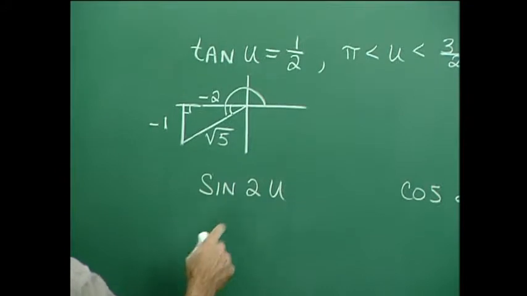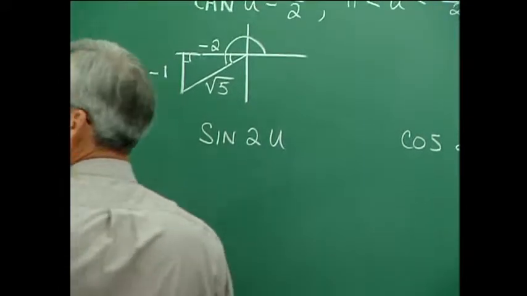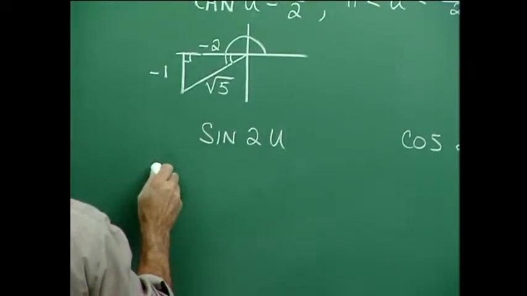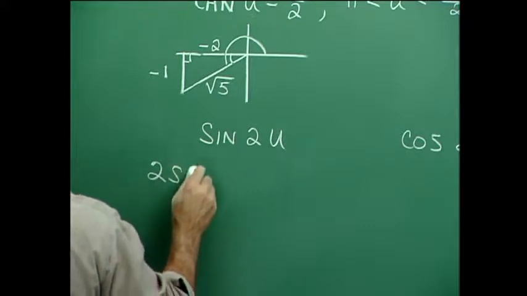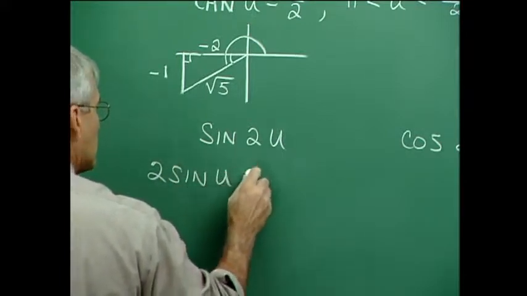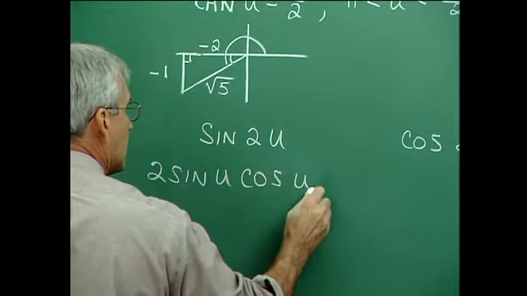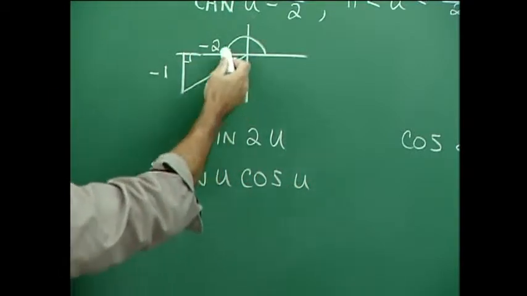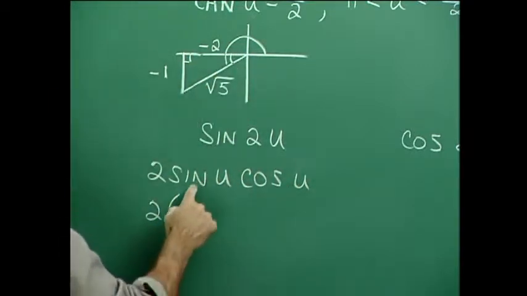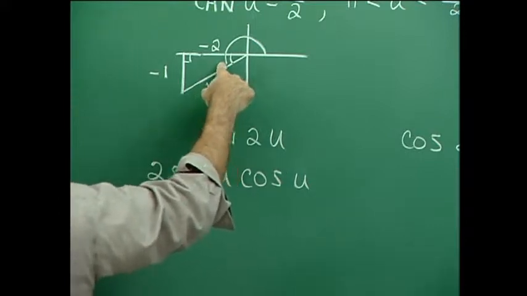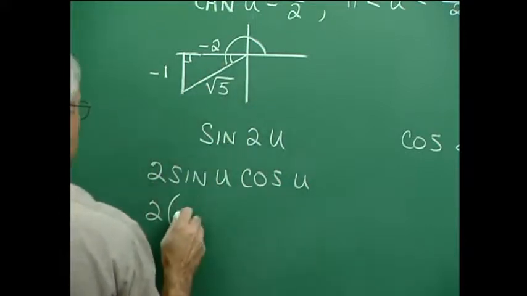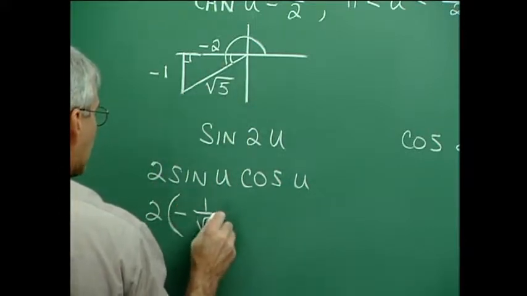Now, for sine 2u, I refer back to the double angle formula. So it's 2 sine u cosine u. And now I'm just referring to the triangle. So I have 2 sine u, from the perspective of this side, opposite over hypotenuse, is negative 1 over the square root of 5.